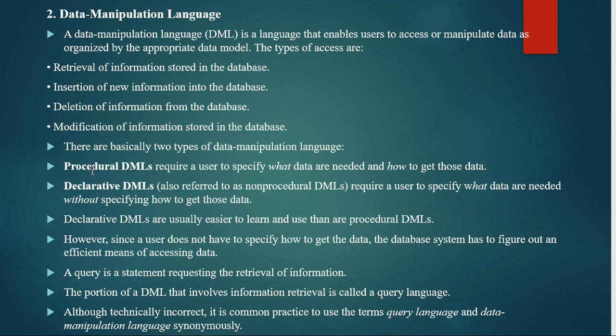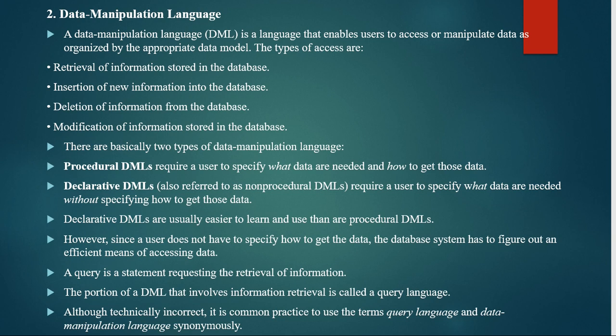Now basically we have two types of DML, that is procedural DMLs and declarative DMLs. What is the difference between procedural and declarative? Procedural DML requires a user to specify what data is needed and how to get that data from the database.